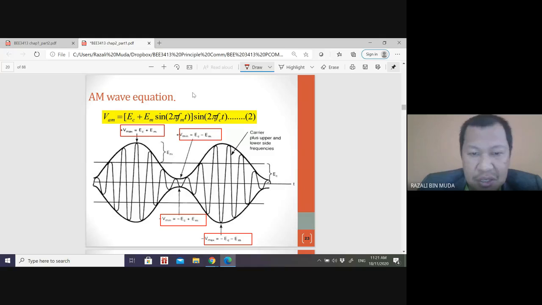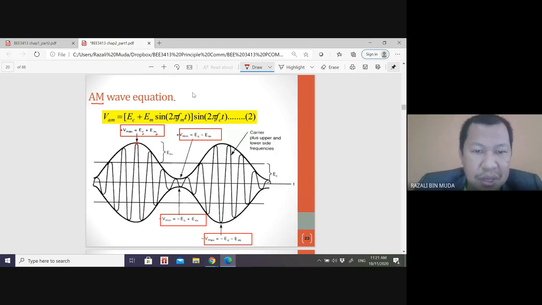From here, we can see that the peak of this envelope is called Vmax. Vmax is the maximum amplitude of the AM modulated signal. So Vmax is the amplitude of Ec plus the amplitude of Em.